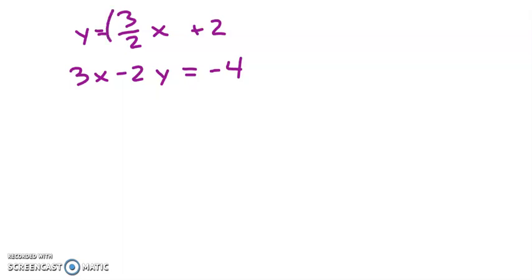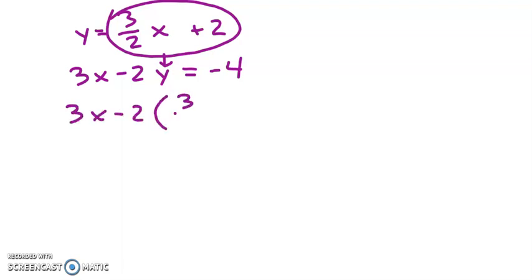So I'm going to substitute that piece in for y in our other equation. So once again, we are getting rid of the y variable and narrowing it down to one equation, and now we can solve for x.